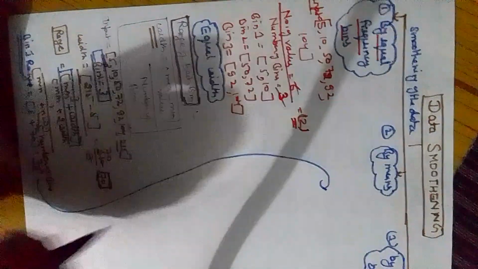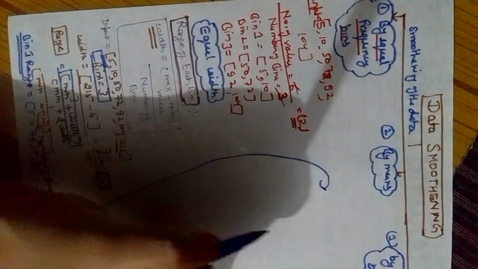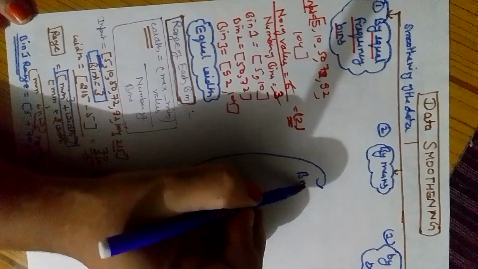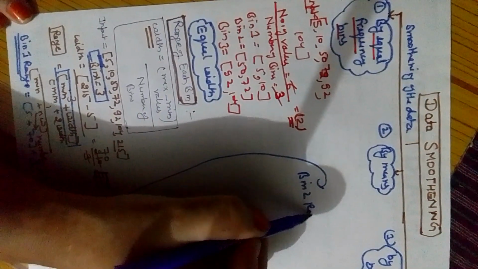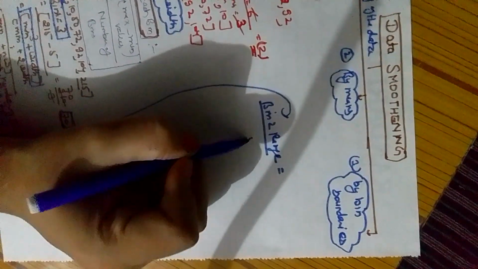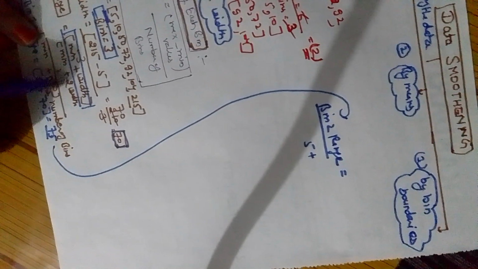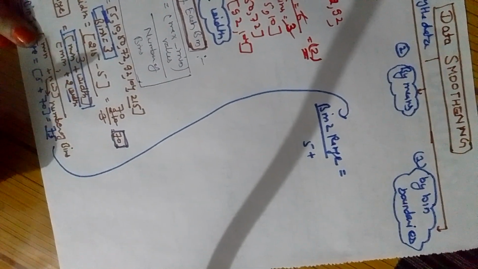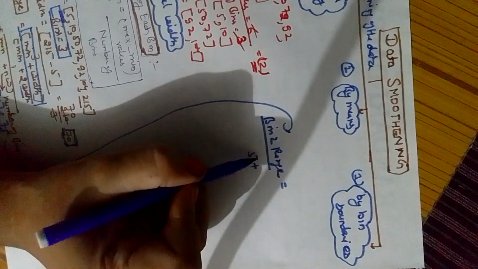Fine. Now we'll take this here. Range of bin 2, how much would it be? It would be minimum plus 2 times width. So how much would it be?